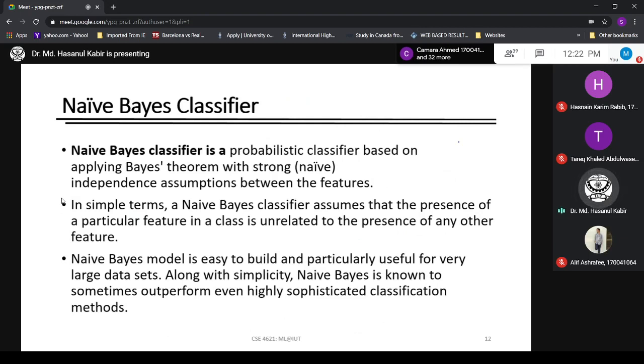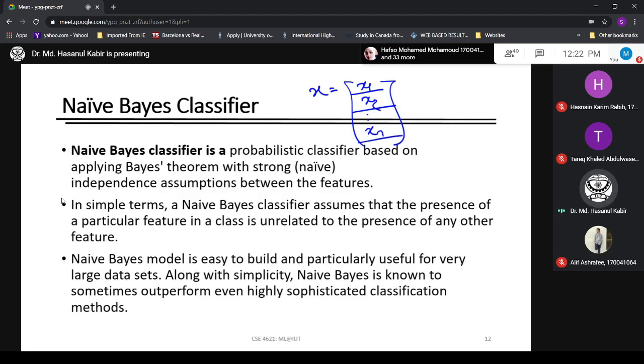So we already know that the Bayes classifier makes a strong assumption about the feature elements. We represent the feature as a vector x, where we have element x1, element x2, up to n number of elements. But in the case of the Bayes classifier, to make the calculation simple, we assume that each of these features x1, x2, xn are uncorrelated from each other.